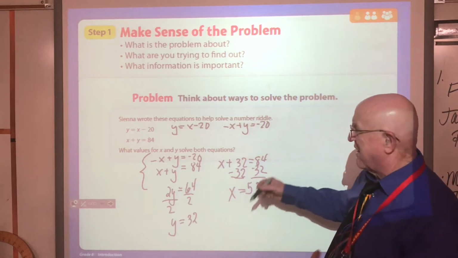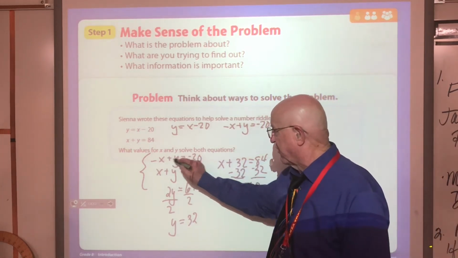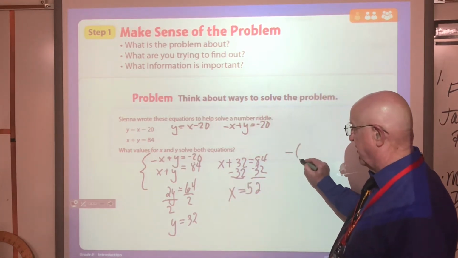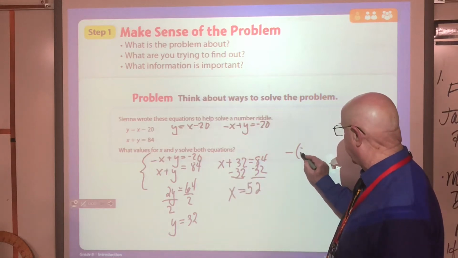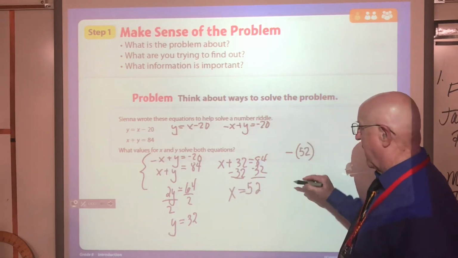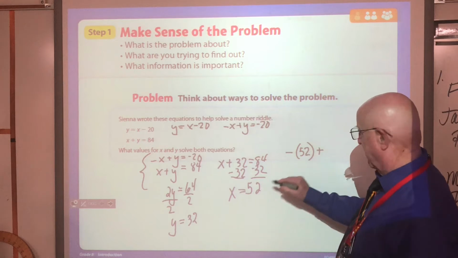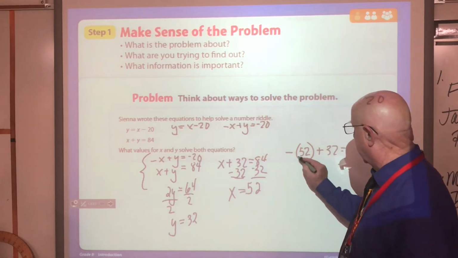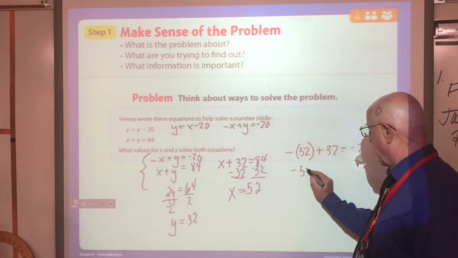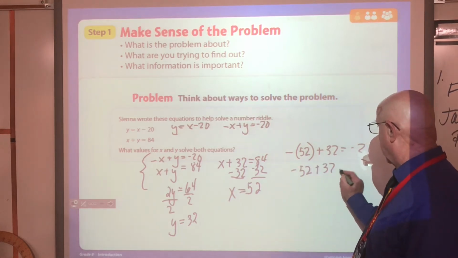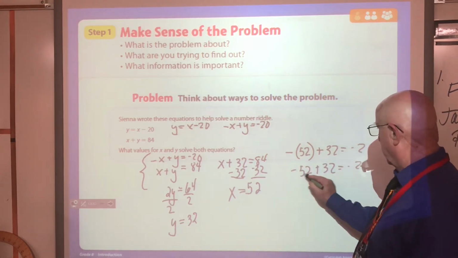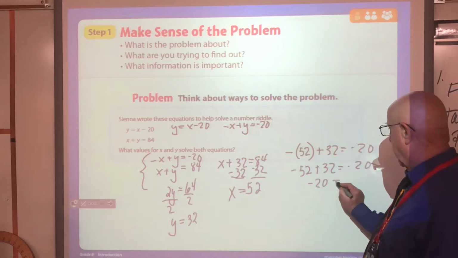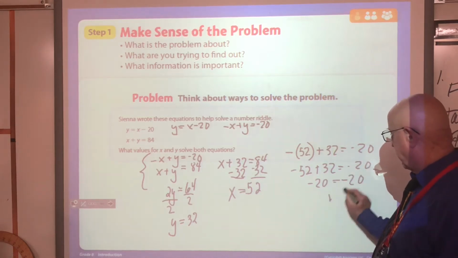So now I need to see if that's actually going to work. In this equation, I'm going to do the opposite of x, which is negative 52, right? And then plus 32 should be equal to negative 20. If I do that, I get negative 52 plus 32 equal negative 20, which is negative 20 equal negative 20, and that's a true statement.